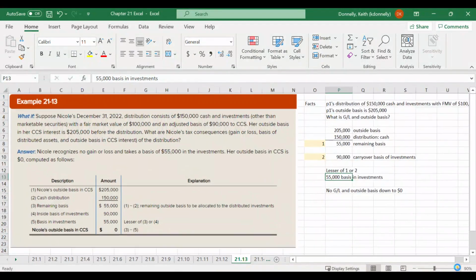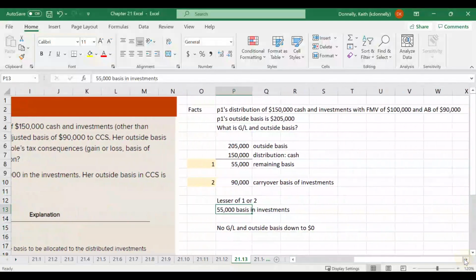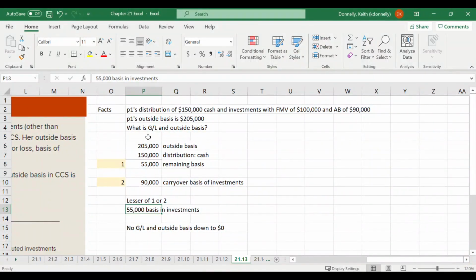So if we look here at 2113, we have a 205 outside basis, and what we were given here was 150 of cash and then investments with an adjusted basis of 90, right? So in this case, what we've received is greater than our outside basis.